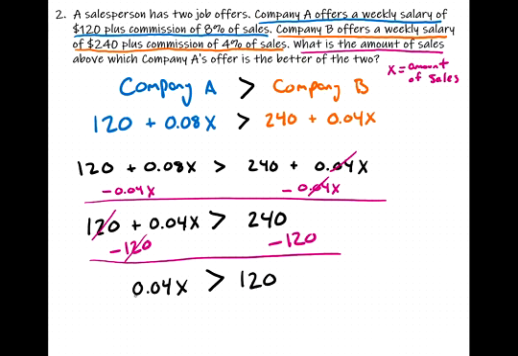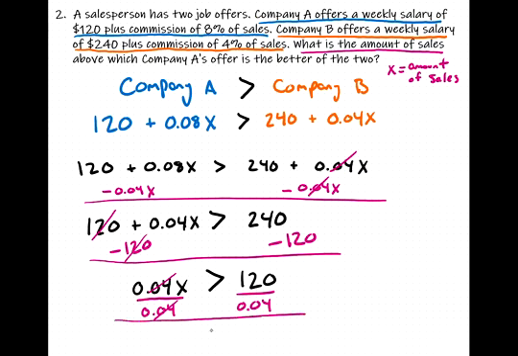And one last thing to do, we have 0.04 times X. So let's get rid of that by doing the opposite, which is divide by 0.04, both sides. So the 0.04 times and the divide by 0.04, they cancel.